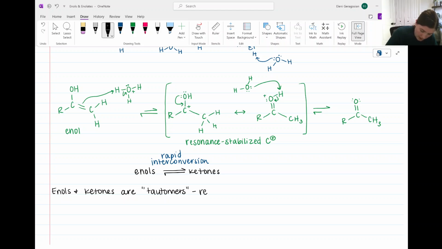This means they are molecules that are readily interconvertible constitutional isomers.